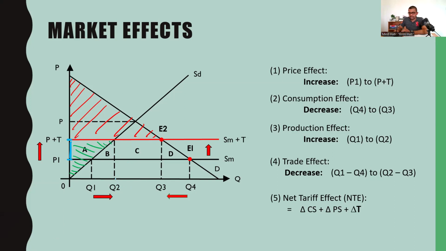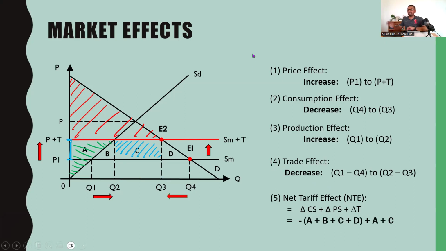Quantity imported is Q2 to Q3. So this per unit tax, quantity of Q2 to Q3, you will agree tax incidence, the tax burden area is this. The blue color rectangular, which is a revenue for the government, which is a plus value, which is a positive value, right?